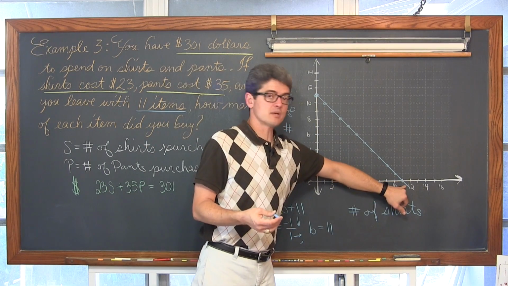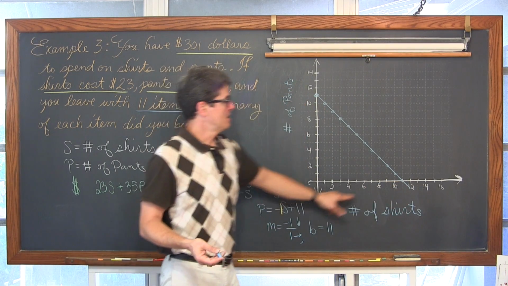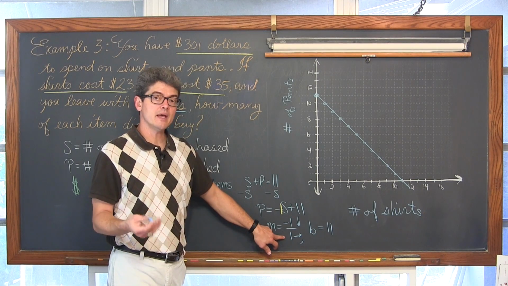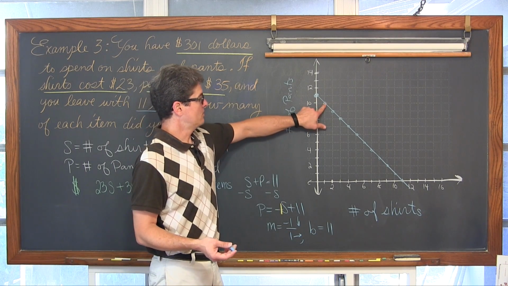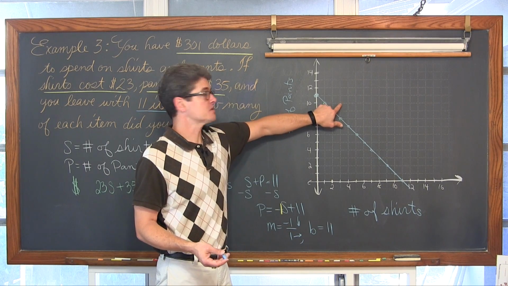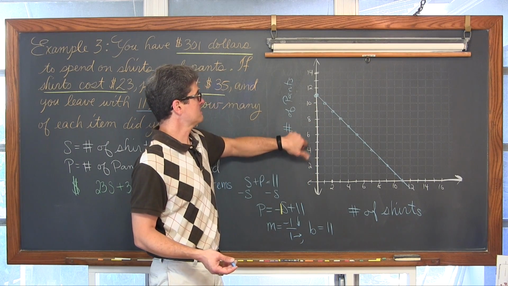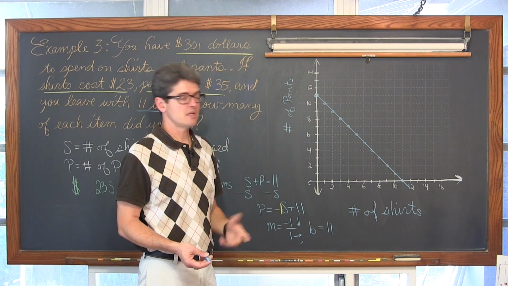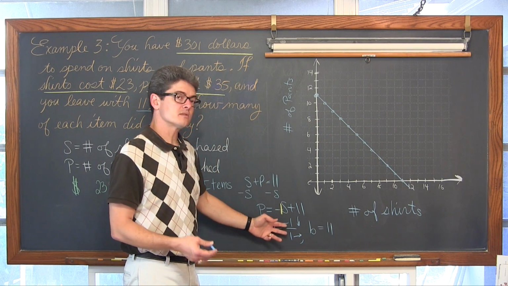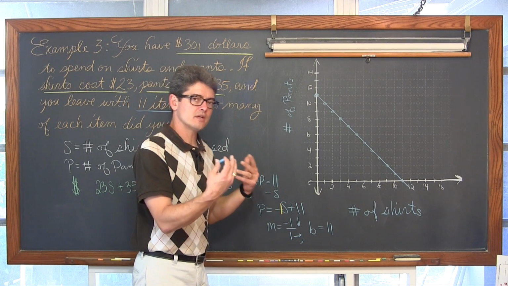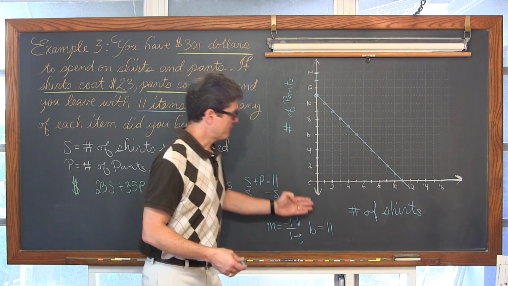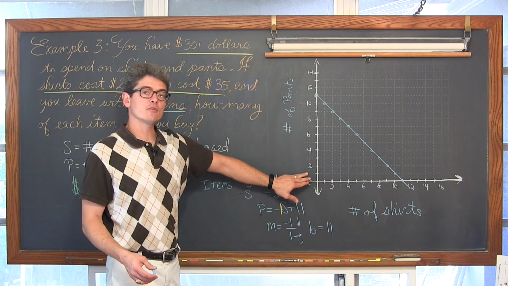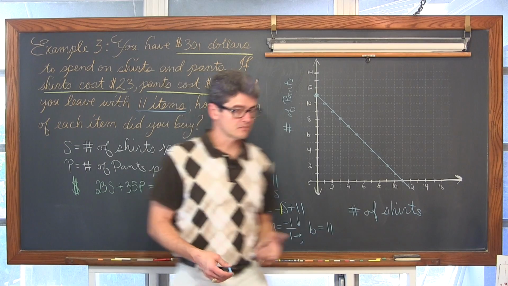I can interpret the x-intercept too, which is if I don't buy any pants, I've then purchased 11 shirts. The slope being -1: for every 1 additional shirt I purchase, the number of pants that I can purchase is decreasing by 1. See, now it would make sense to say this in terms of a unit slope. Every time I buy an additional shirt, how much is the number of pants that I'm able to buy going down? In this case, it's 1.